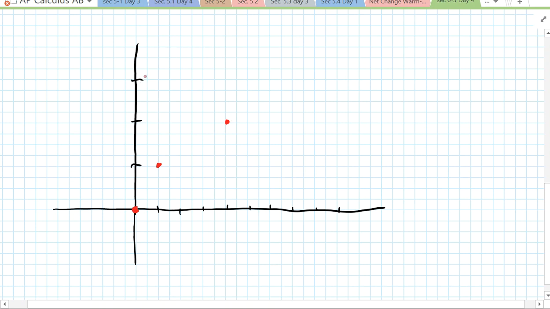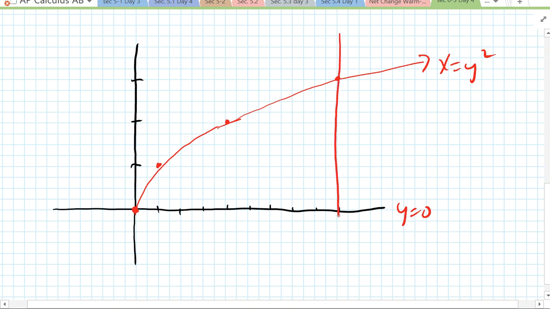And then if I go to 3, it's 9. Right there. So is this the parabola? Sideways parabola. That is x equal to y squared. This is y equal to 0. And then this is x equal to 9.